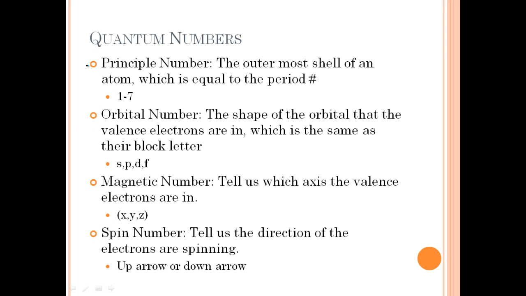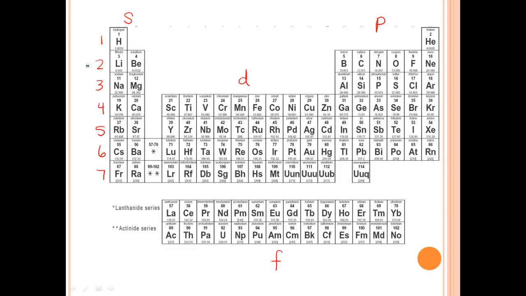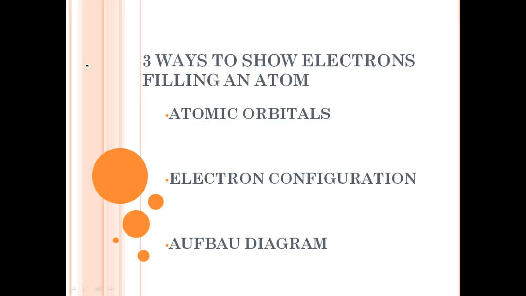And there's actually 3 ways that you can show how electrons fill an atom. And we can actually draw out the atomic orbitals using the X, Y, and Z axis. Okay, and we're going to go over all of the different shapes and such.